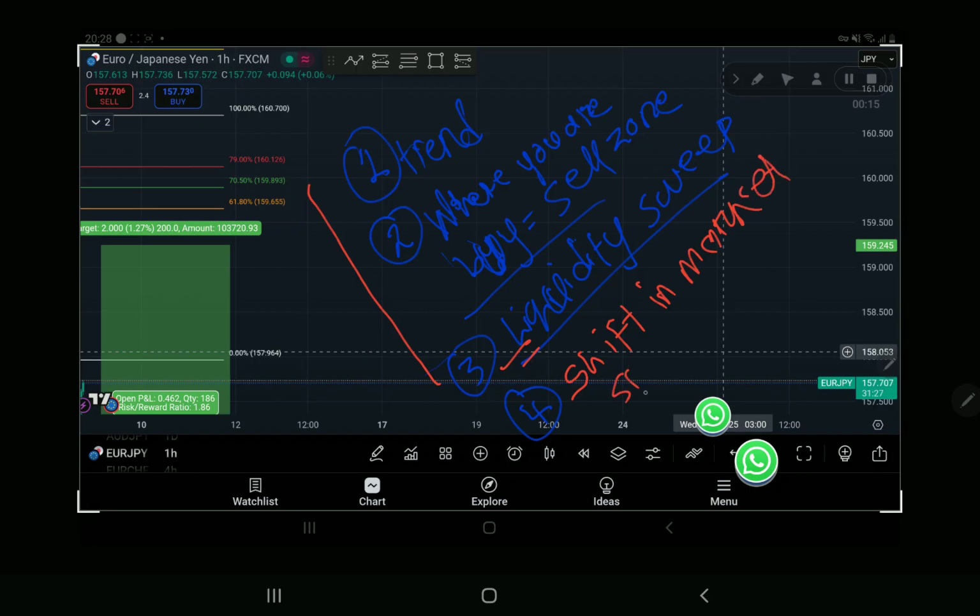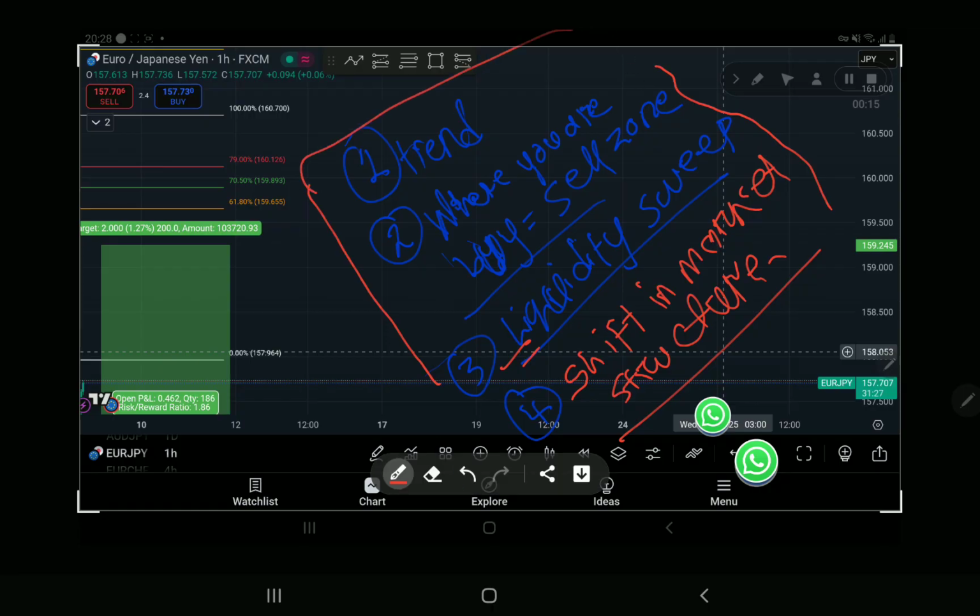A shift in market structure. So let's quickly go on the charts and do some analysis, and you're going to see practically what I'm talking about. Don't forget this checklist, very, very important. These are the conditions your chart should fulfill, or the conditions you should watch out for, before you enter a market to be able to make a trading decision. Are we together? Good.